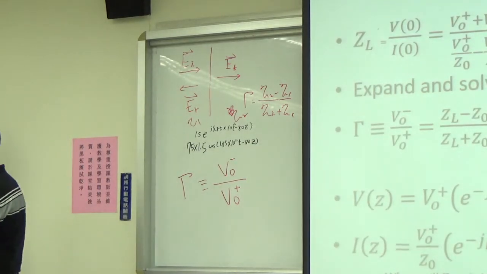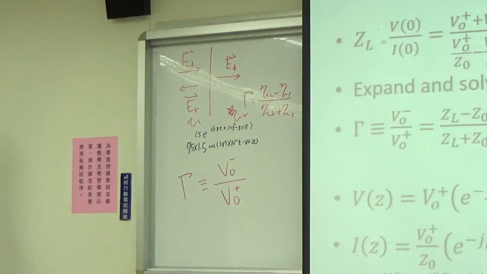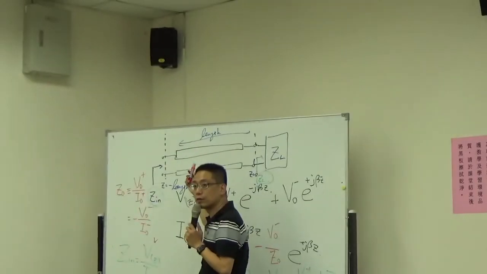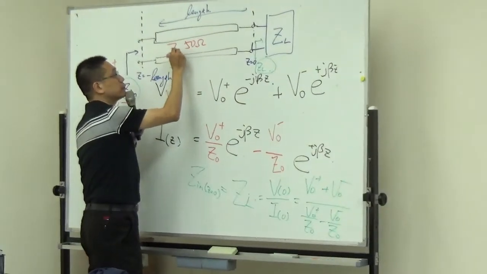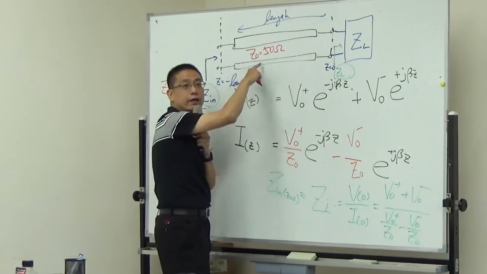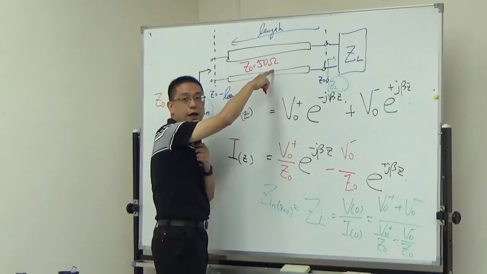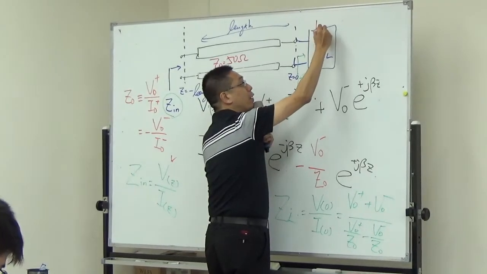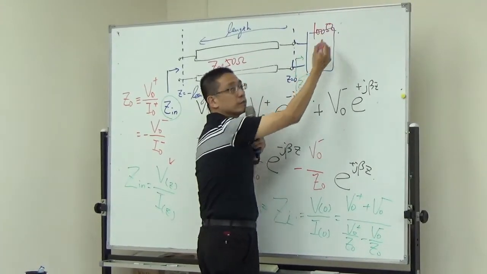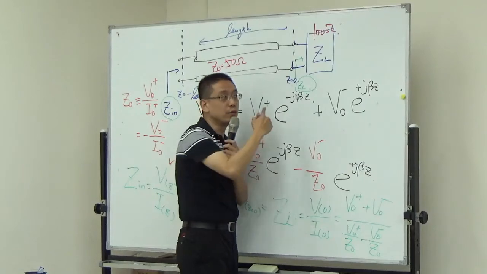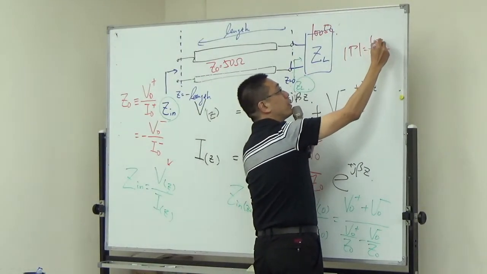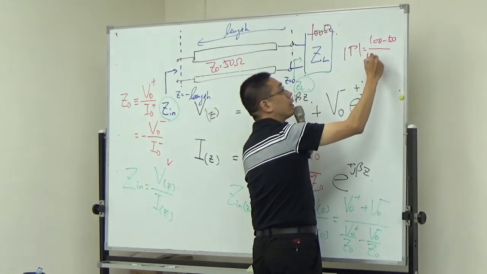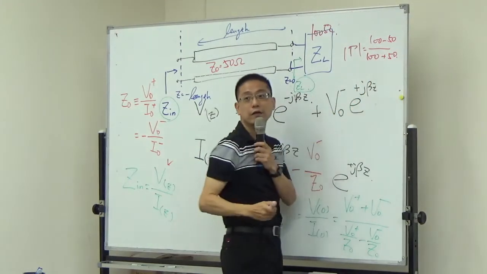So if there is a transmission line with characteristic impedance 15 ohm, connected to a load of 100 ohm, then you will know the reflection coefficient equals 100 minus 15 over 100 plus 15.